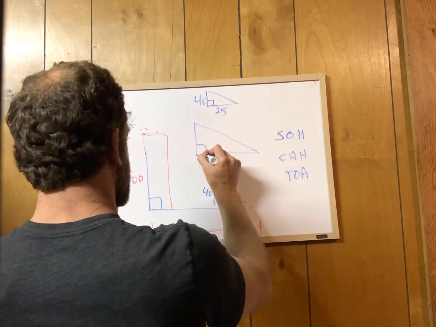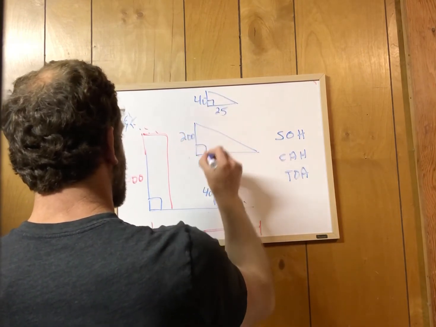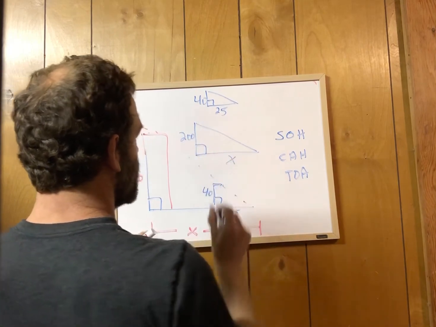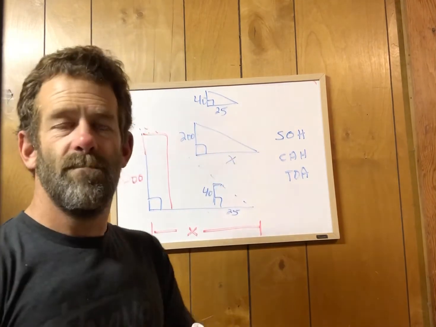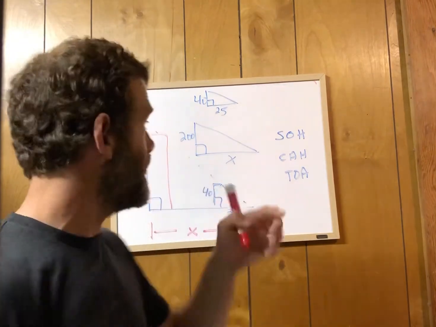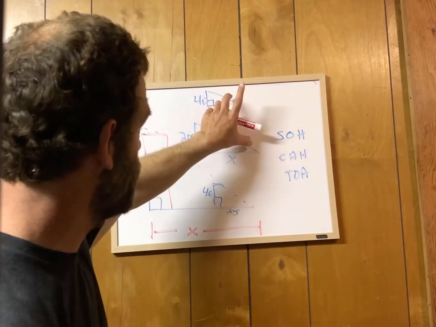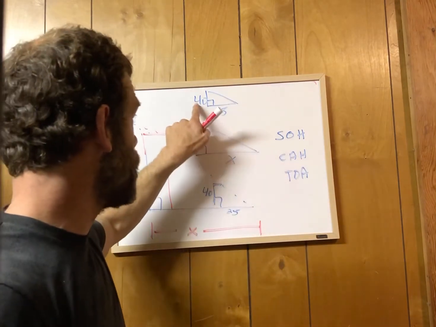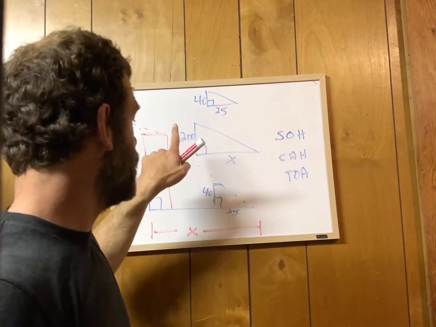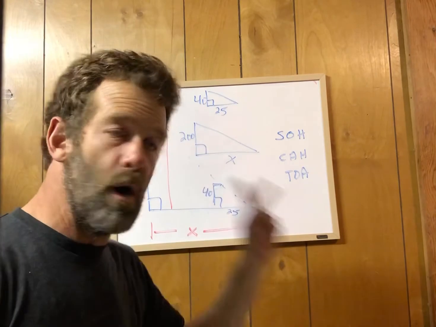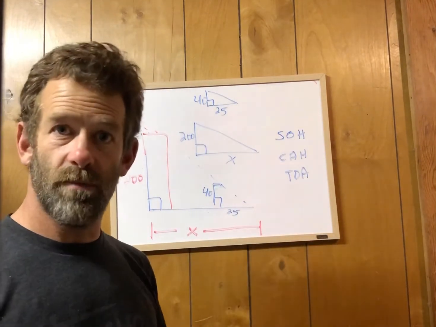This is a right angle. This is 200, and the shadow is x. How would I set that up? It's actually similar triangles because this is the same angle, this vertex angle right here for both of them. So you could just say 40 over 25 equals 200 over x. Boom, boom. Cross multiply to solve.